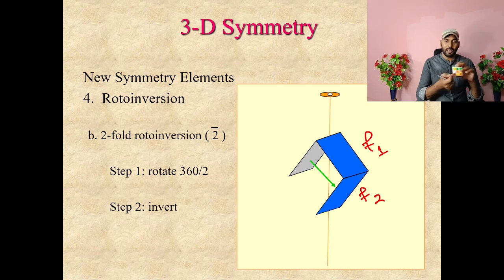Okay. Similarly, here we started with F1, we rotated, then we inverted, and we reach F2. We cannot stop this roto-inversion operation here because we have to reach the initial phase. When we reach the initial phase, then only we will stop the operation.